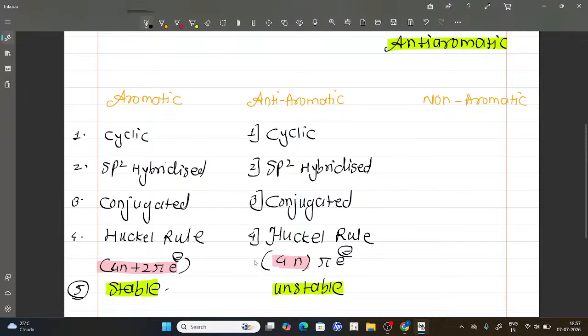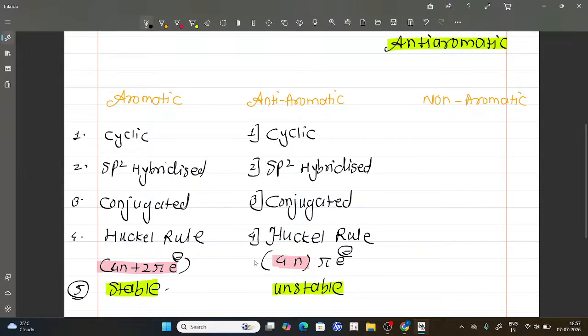Now the next one is non-aromatic compounds. So what are non-aromatic compounds? They are not aromatic, they are not anti-aromatic. If any one of these conditions is not obeyed by the compound, for example if your compound is non-cyclic then it is non-aromatic, or if your compound is not sp2 hybridized then also it is not an aromatic compound.